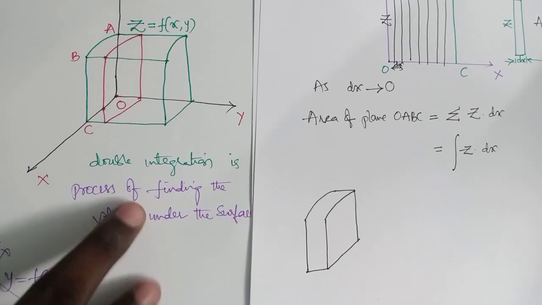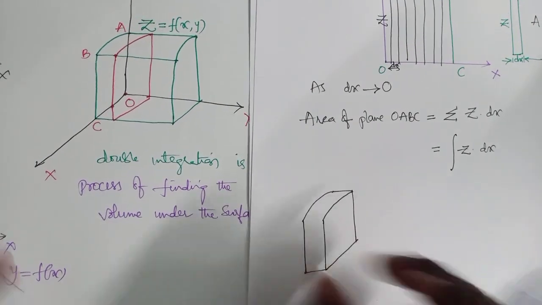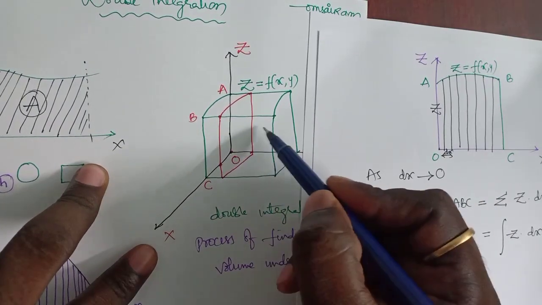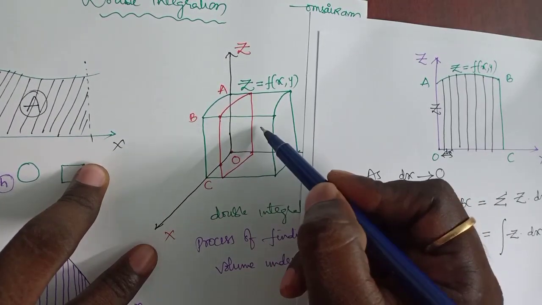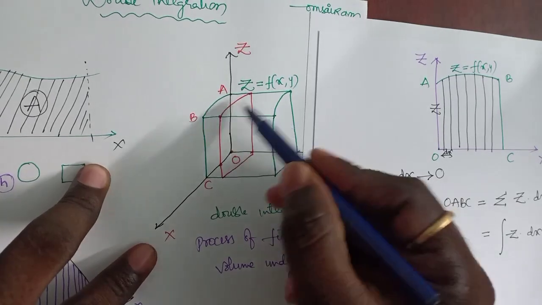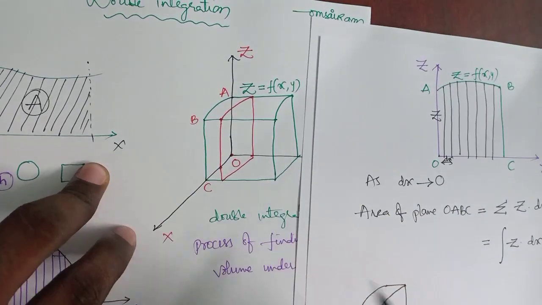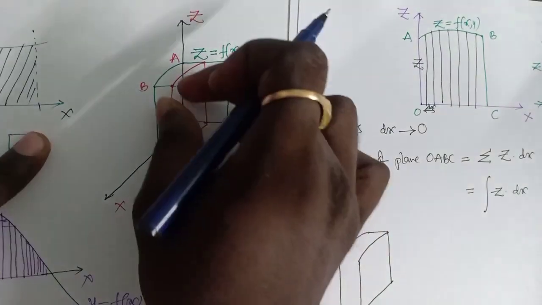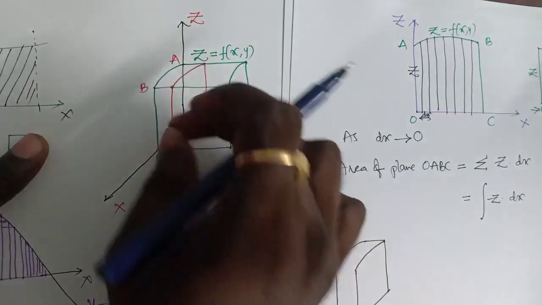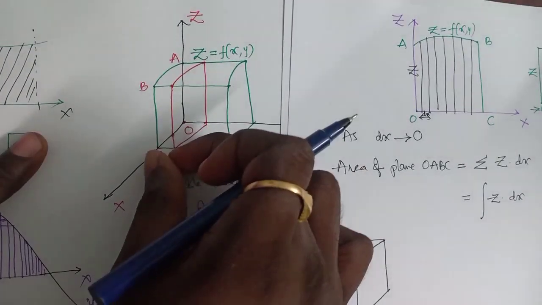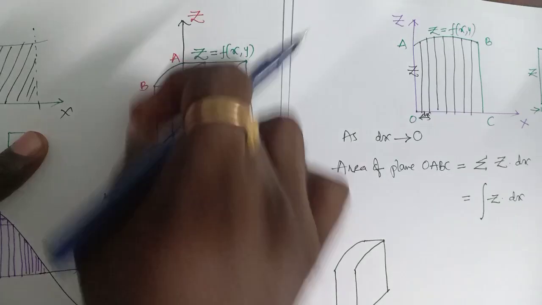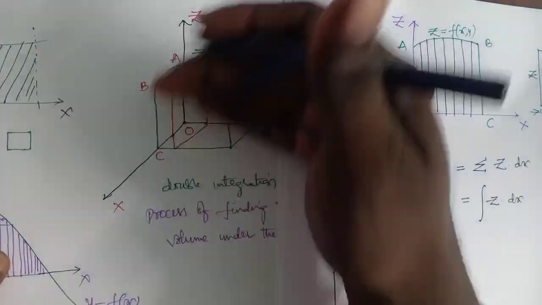After finding this, while adding all these volumes, we get the entire volume of the surface. First my intention is finding the volume of the first slice; after adding all the volumes of these slices, we get the entire volume under this surface.